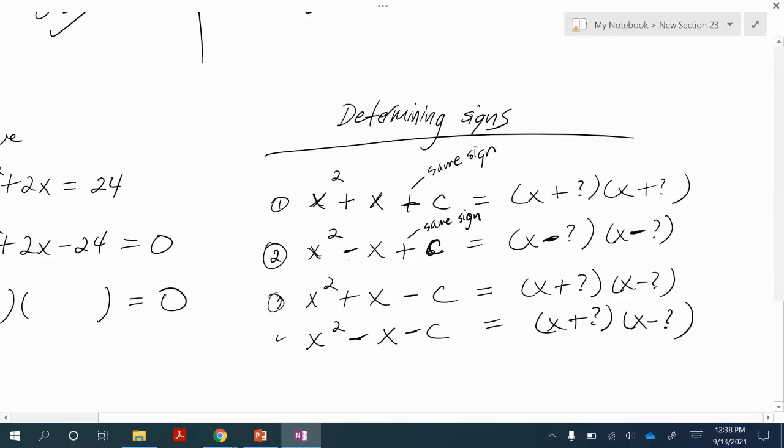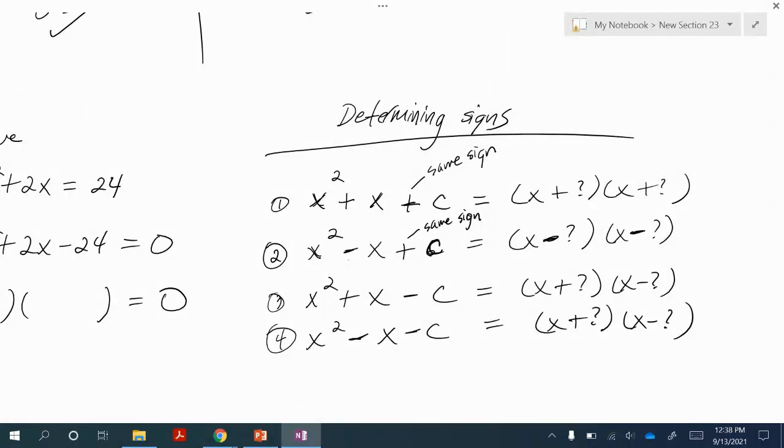If you look at the third and fourth setups, they both say that if your last term is negative, it does not matter what the sign of your middle term is, one of your numbers has to be negative and one of your numbers has to be positive.